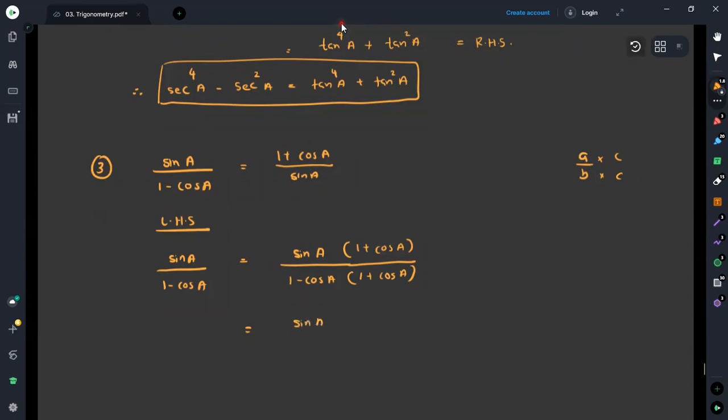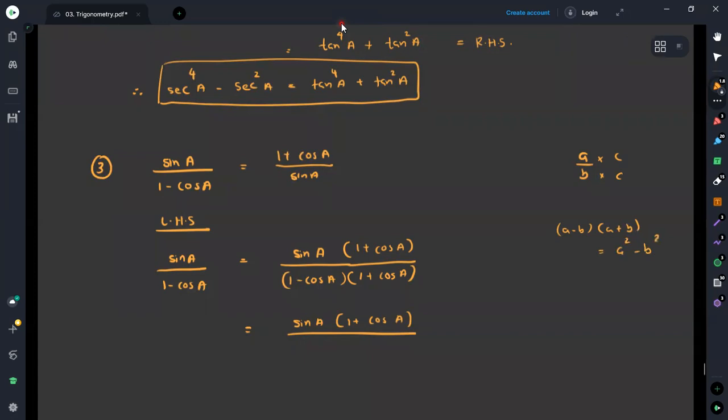Therefore, I will keep sine A as it is, then 1 plus cosine A. In the denominator, I have 1 minus cosine A into 1 plus cosine A, because I am multiplying the entire term with this 1 plus cosine A. Here we know that if you multiply A minus B with A plus B, we get A squared minus B squared.